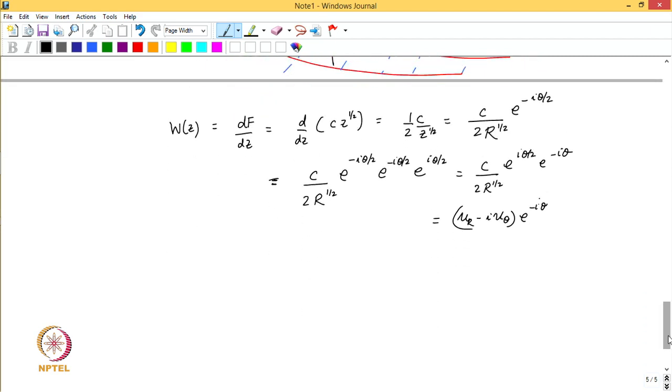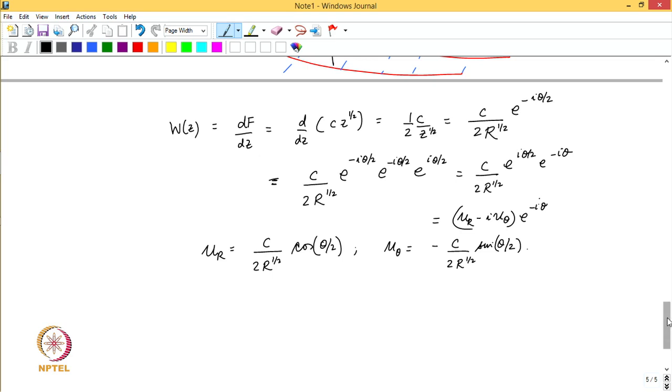So, now it is easy to see that u r should be c by 2 square root of r into cosine of theta by 2, and u theta should be minus c by 2 square root of r sine of theta by 2. All right. So, these would be the velocity components in the complex plane.